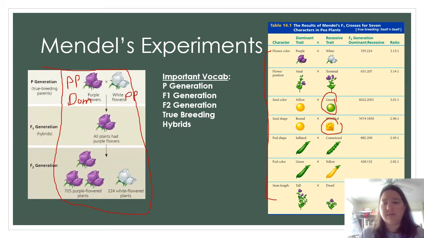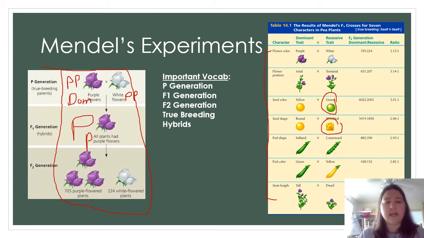Of course, p is not a very good letter to show capital and lowercase. They made all heterozygous purple flowers in the first generation.